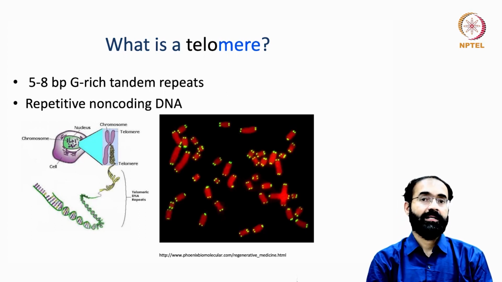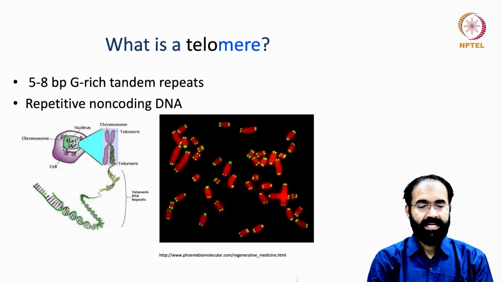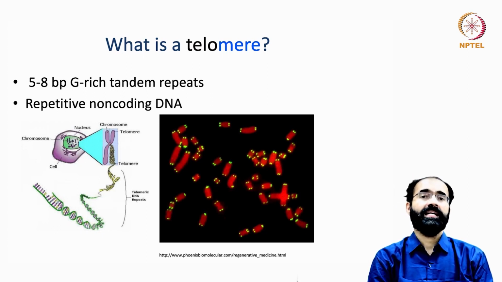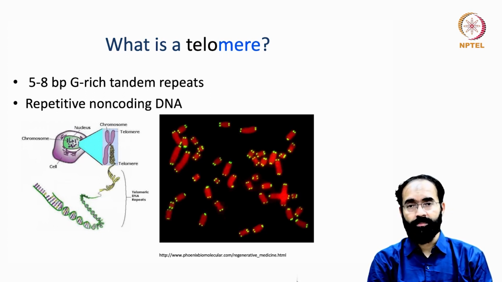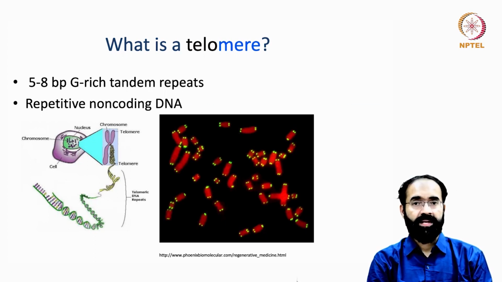So the end replication problem, or the reduction in length, occurs to the telomere, not to the actual gene or the actual genetic information present in the DNA. That is why at birth we have around 11 kb of telomere, but it becomes 4 kb in old age.